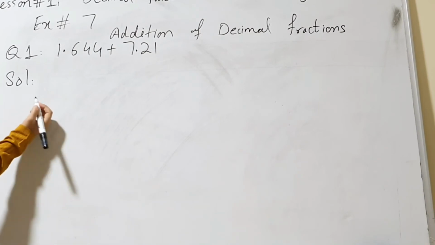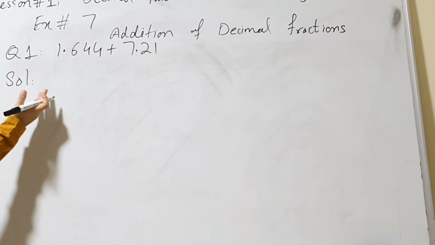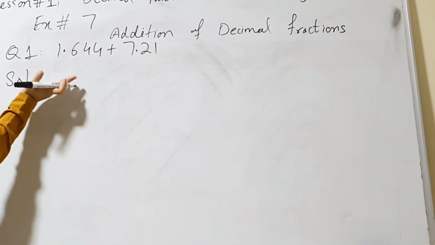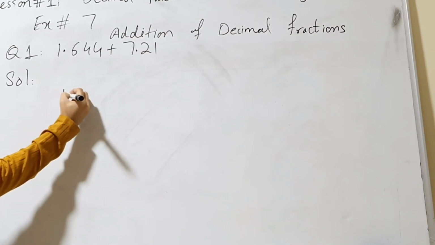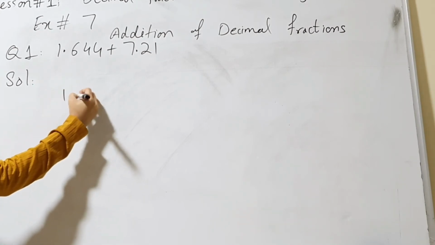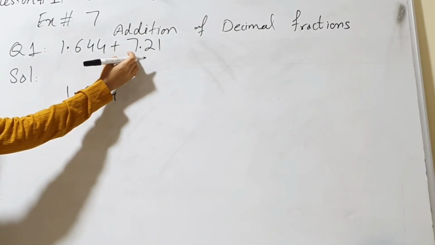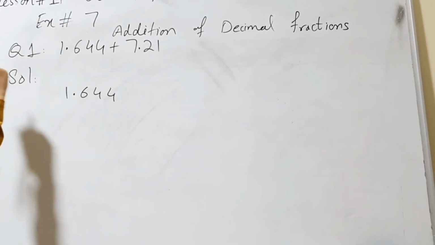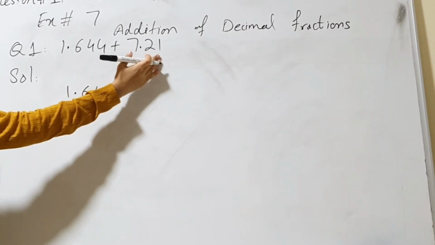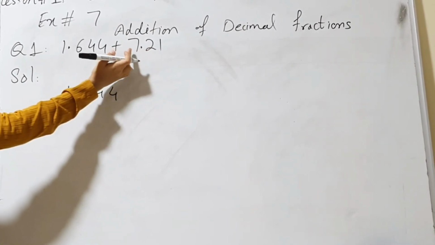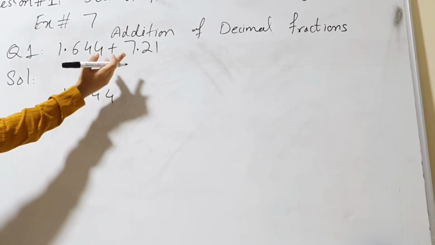So you know that when you have to add, you write the vertical columns. So first term is 1.644. Now the second one is 7.21. It has 2 decimal places and 1 digit in the whole part.